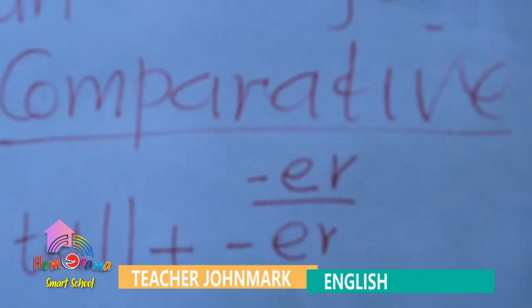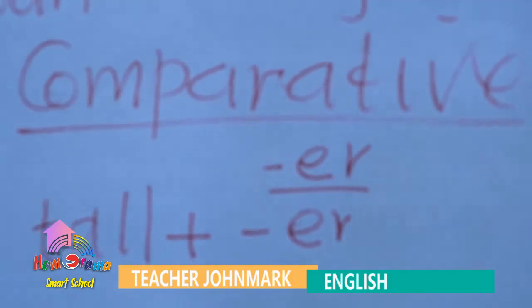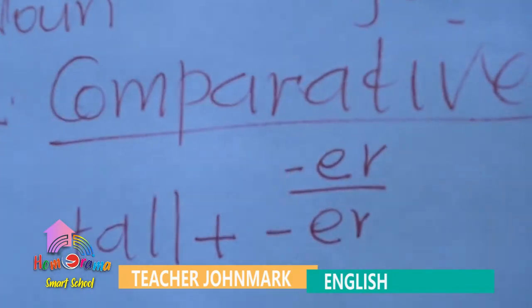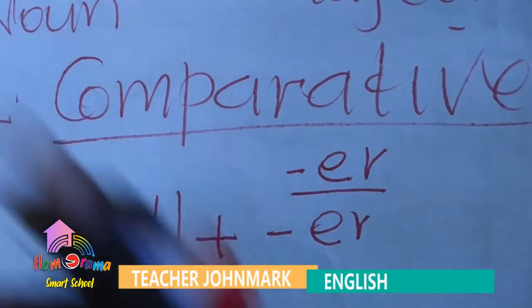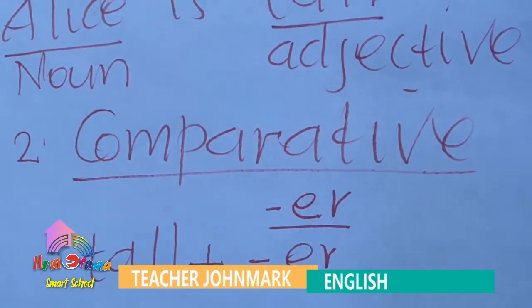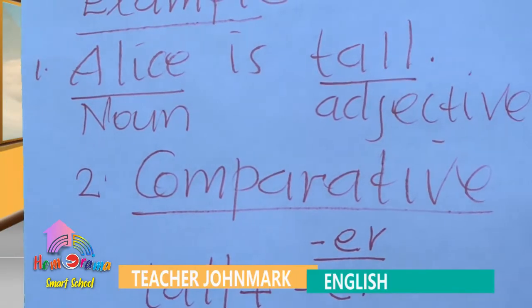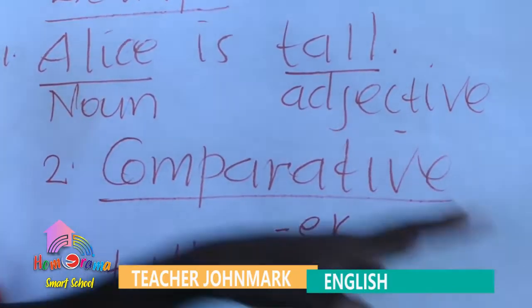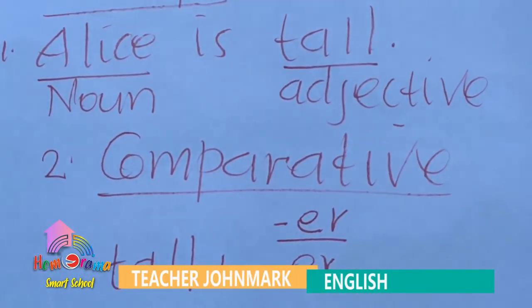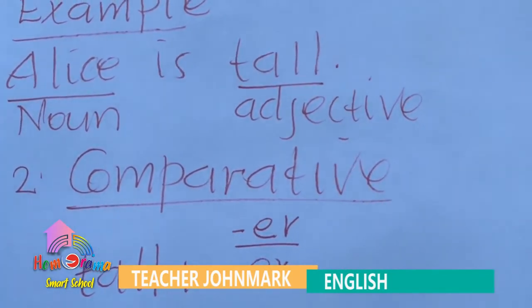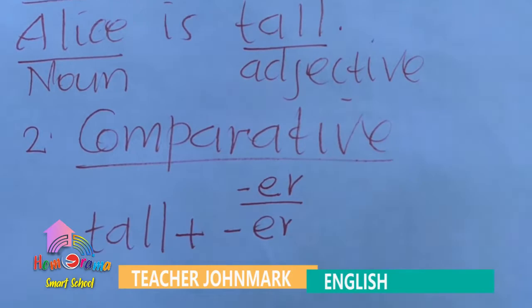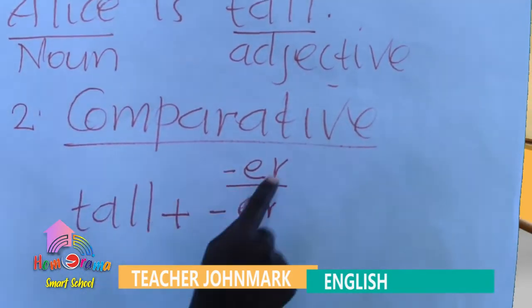In other words, a prefix comes before a word and a suffix comes after a word. Prefix before, suffix after. So, comparative adjectives are used to compare two things or two items or even two people. And most of them end in ER.